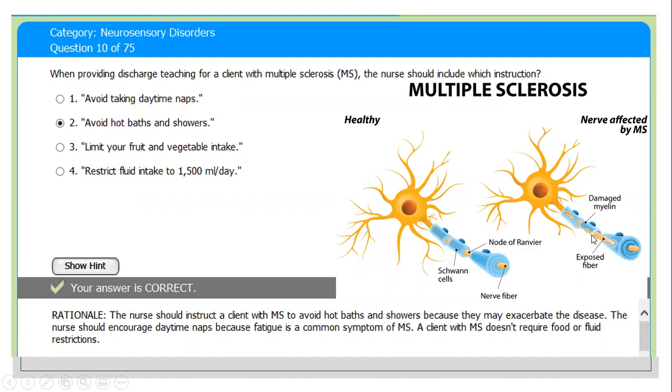So multiple sclerosis is a disease that affects the central nervous system. The immune system attacks the myelin, the protective layer around the nerve fiber, like in this picture, right? It causes inflammation and causes lesions.